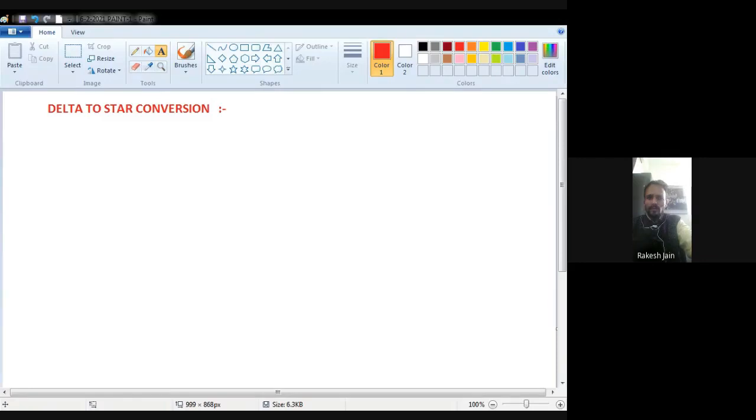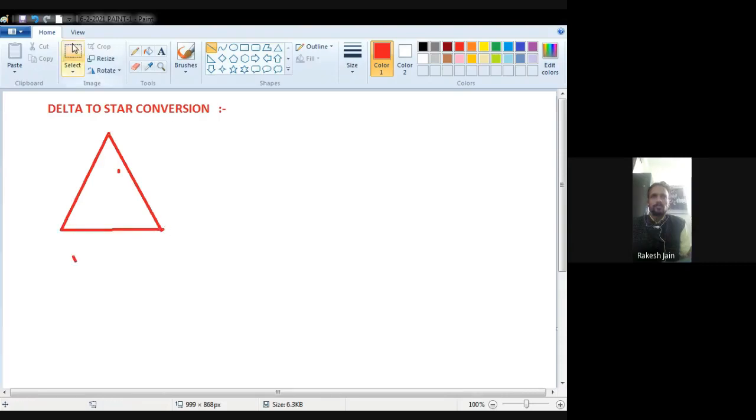Are you able to see the MS Paint file on screen? Yes. So our topic today is delta to star conversion. Let's say you have a delta network like this, and this, and this.